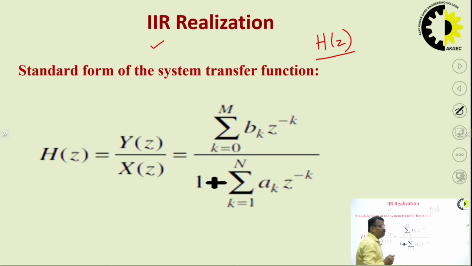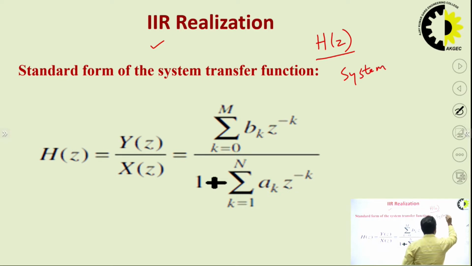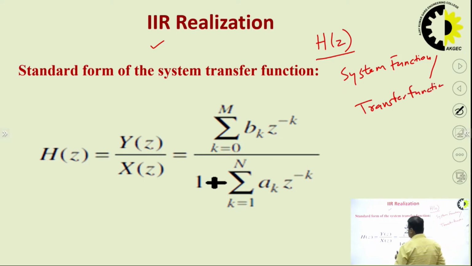So, H of z is called your system function or transfer function of the digital filter.